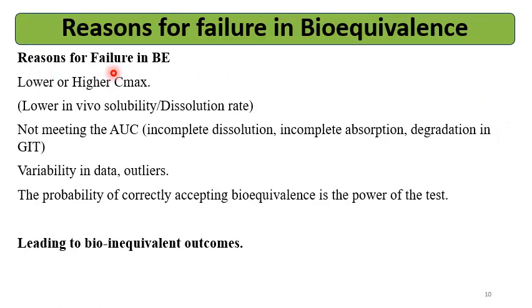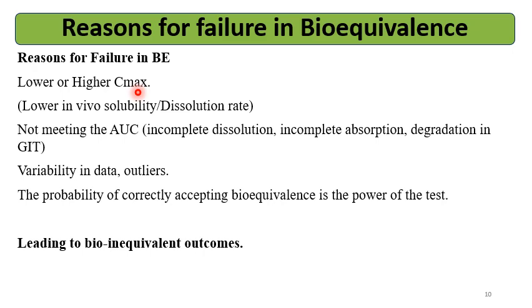Then what are the reasons, or when can we say that the formulation is not bioequivalent, or it is bioinequivalent, or the bioequivalence study has failed? When there is a lower or higher Cmax, the criteria is 80 to 125, and if this Cmax is lower than 80 and if it is higher than 125, then it can be said that the BE has failed.